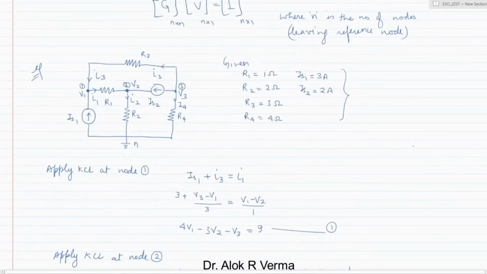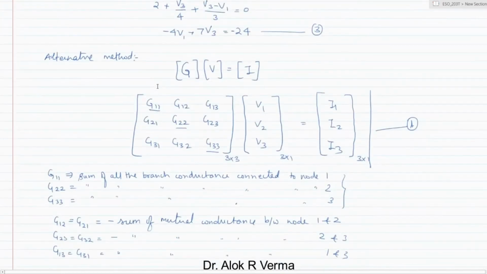So in our assumption we have taken the node current which is coming as positive, right? So at node 1 the source current IS1 is coming to the node, positive. At node 2 IS2 is coming to the node, positive. And at node 3 the source current is leaving, so it is minus 2 ampere.